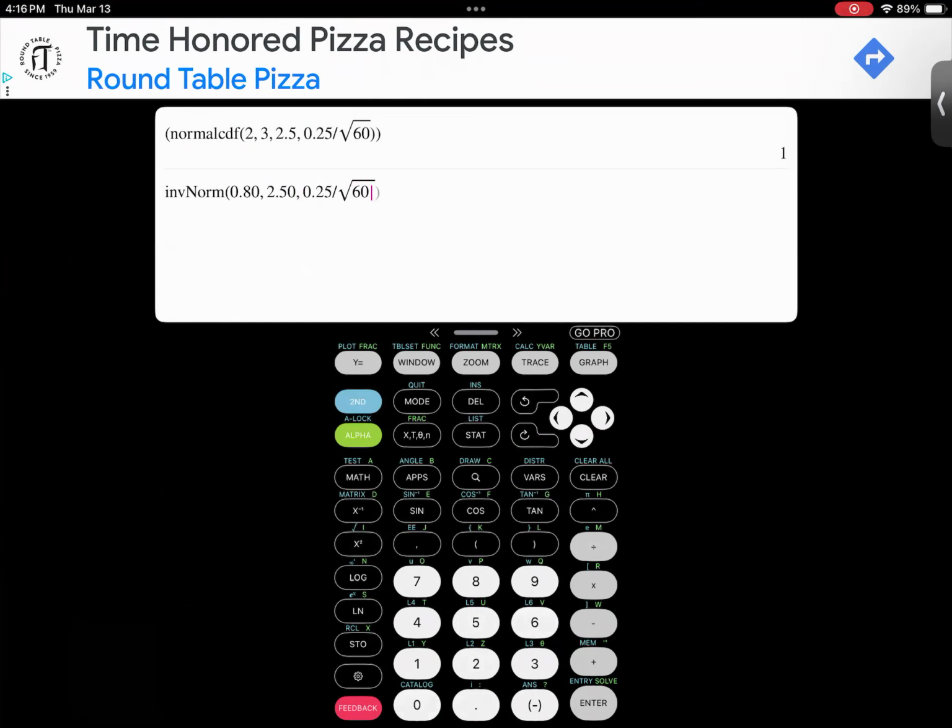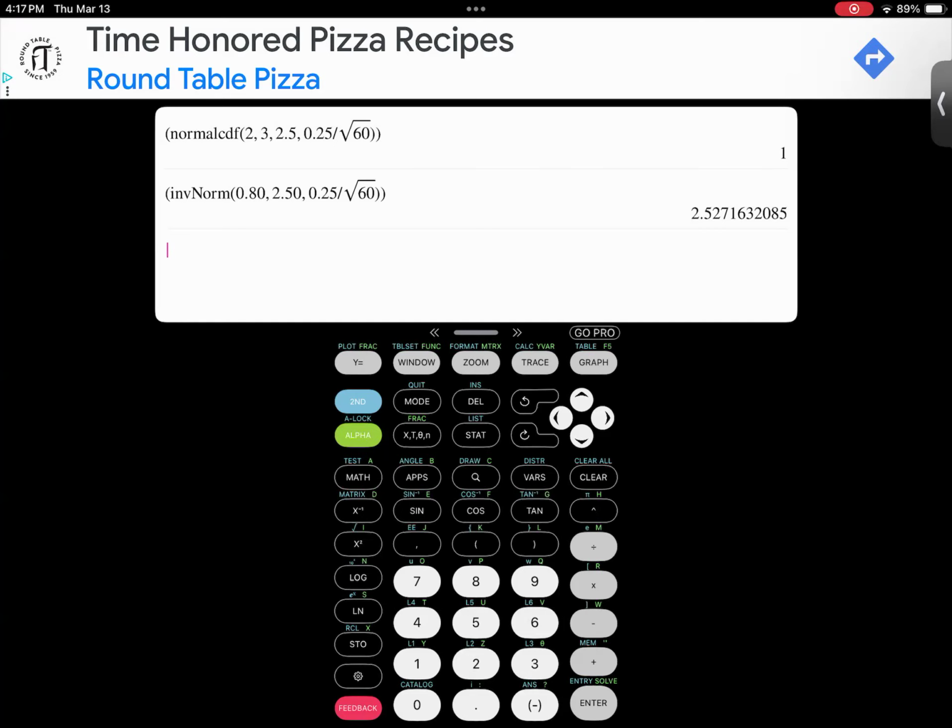Just remember to use that right arrow to get out of the square root. Then parentheses. We have our setup right here, and just hit enter and we get our 80th percentile, our cutoff value, which is 2.53.